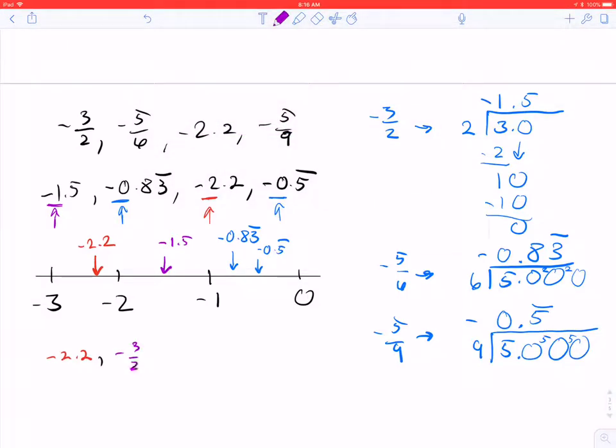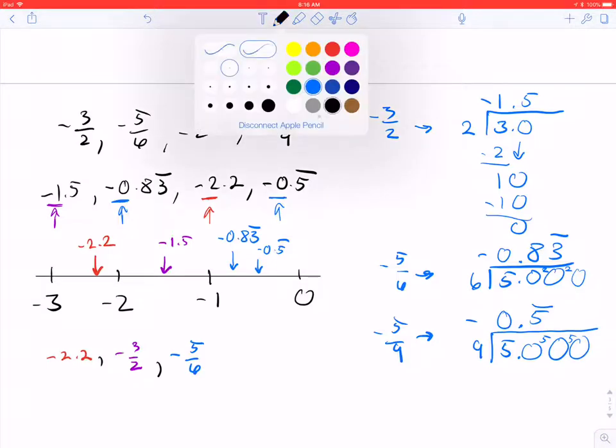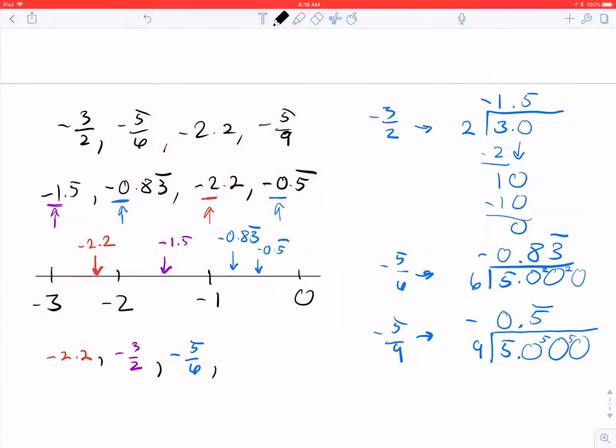Negative 3 by 2, right? And then the 0.83 bar is the 5 over 6. So then we're going to say the negative 5 by 6, and then the negative 5 by 9. So the smallest is the red, the largest is the blue.